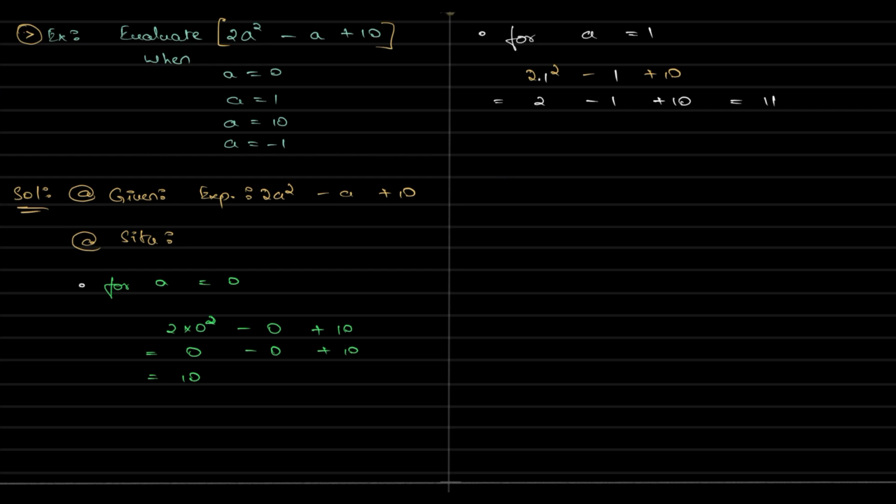Now the next question, for a is equal to 10. So here too again, what will you do? You're going to replace a with 10. So 2 into 10 square, minus 10. As per BODMAS, see again, every basic will come back.